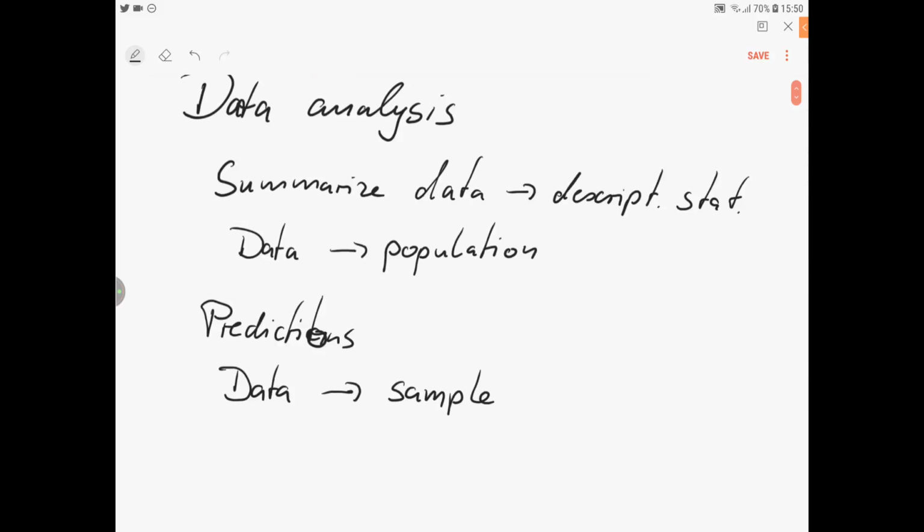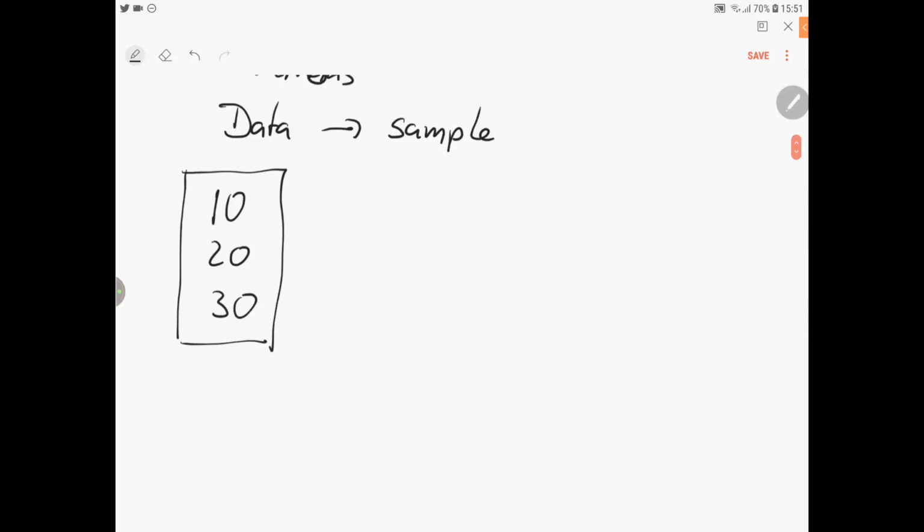Anyway, so let's say we have a basic data set of the things that we've recorded. So we have, for example, 10, 20, 30, and this is our data set.